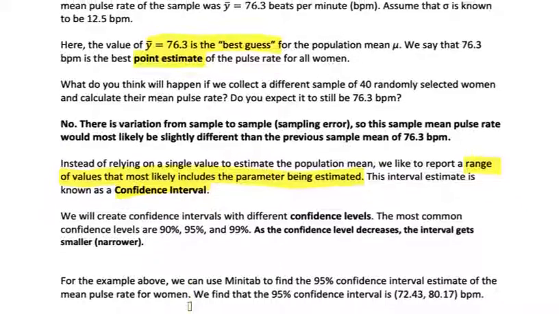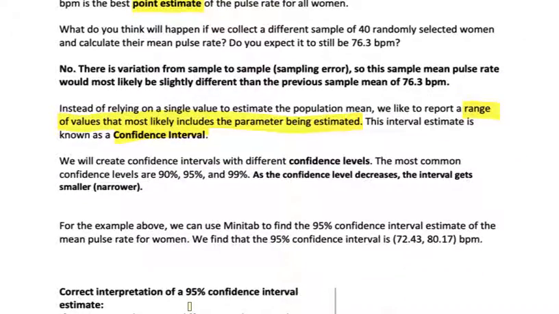Now, when we have a confidence interval, we also have a confidence level for that interval. And the confidence levels that we're going to be using in this class, the ones that we can use in Minitab, are 90%, 95%, and 99%. As the confidence level decreases, the interval gets smaller or narrower.